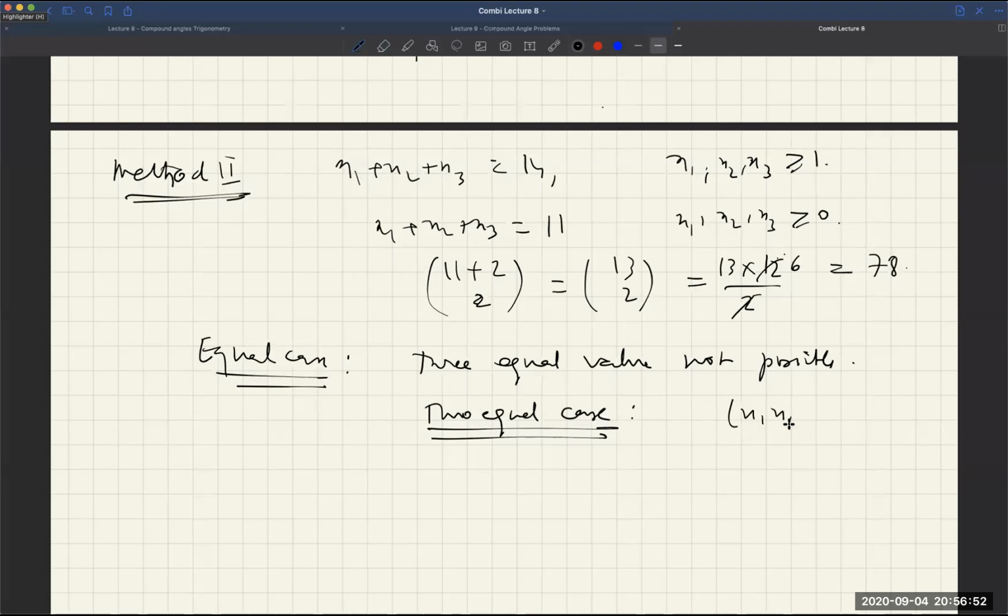So we get 6 cases there, and each of x1, x2, x3 can be all those numbers, so 6 into 3, which is 18. And y can take what values? It can go from 12 to 10, but that value is fixed once you take the pair, so you don't have to count that, correct? So what is the total number of ways of getting this many equal values?